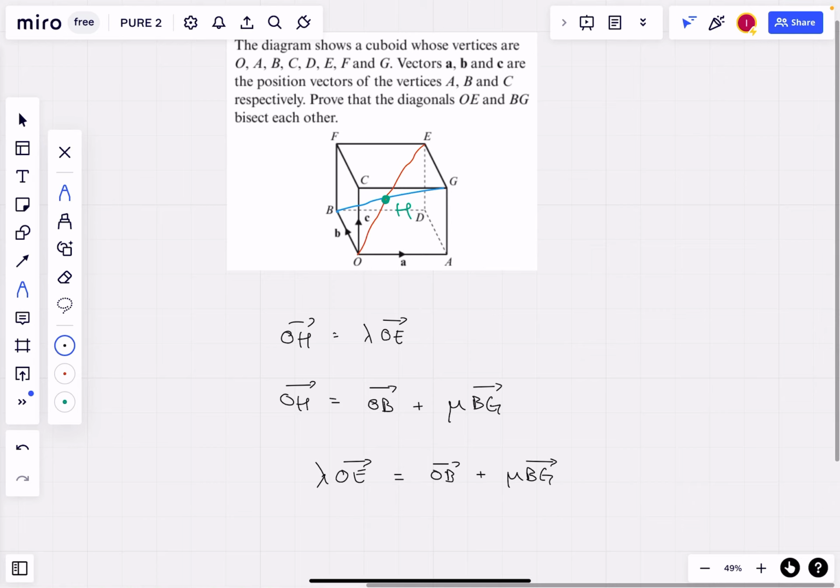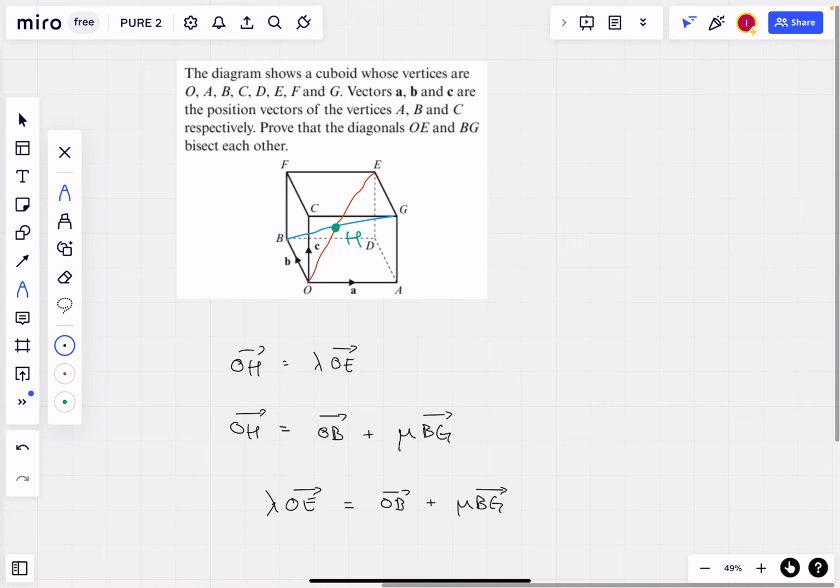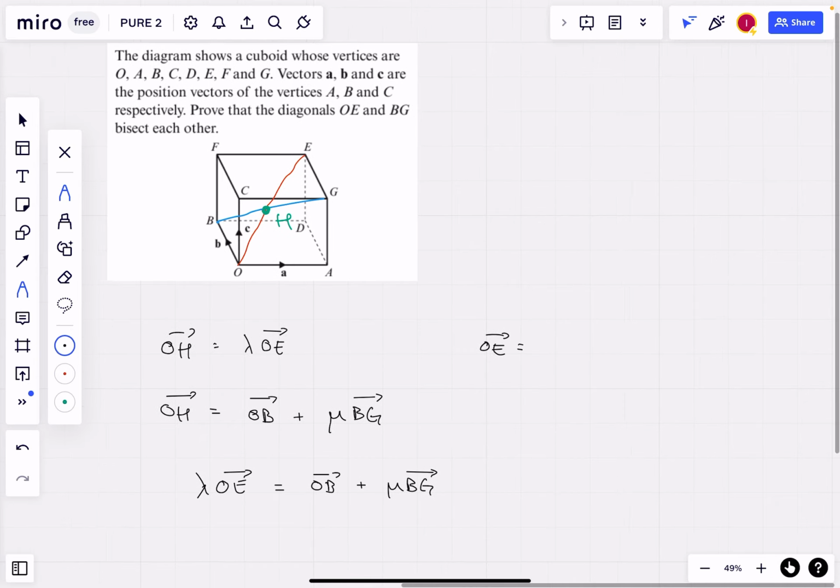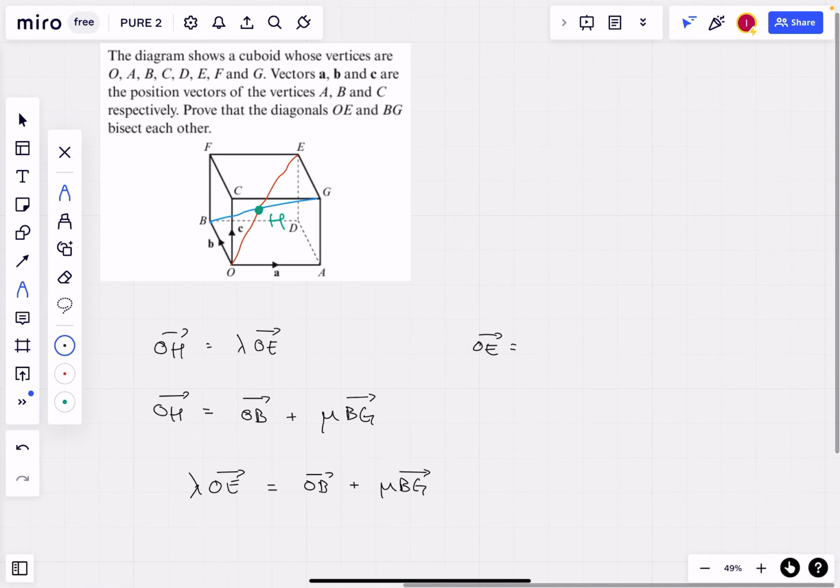Cool. How do we express OE in terms of ABC? OE in terms of ABC, we can go from O to B, B to F, F to E. So O to B plus B to F plus F to E. O to B is B, B to F is C because it's parallel to OC, and F to E is A because it's parallel to OA.